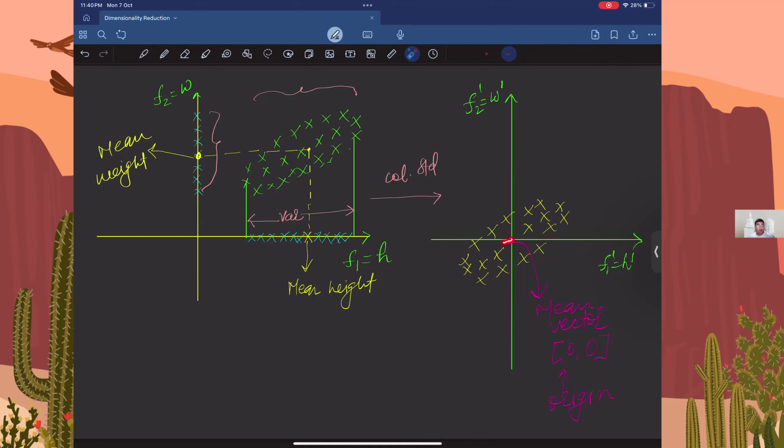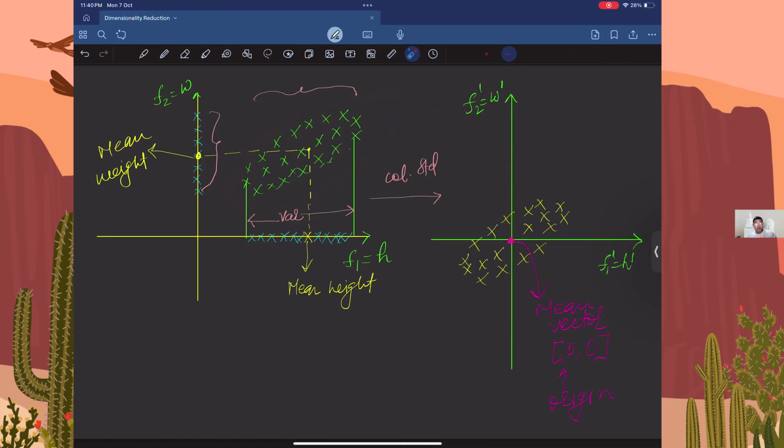This mean vector will be at 0, 0, since it's 2 dimensions. If it were high dimensional, then we can say it will lie at the origin. Fine. So what I have basically done is move all these points such that the mean moves to 0.